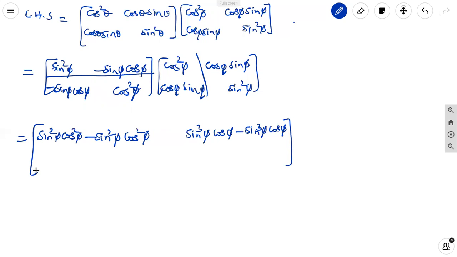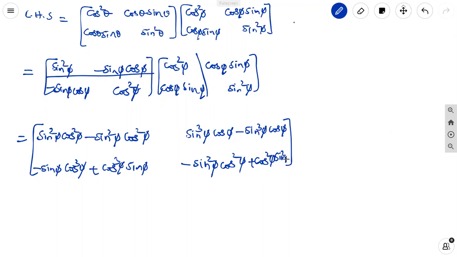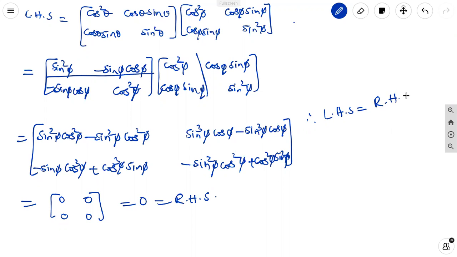Second row, first column: minus sin phi cos cube phi plus cos cube phi sin phi. Again, it is minus sin square phi cos square phi plus cos square phi sin square phi. The same terms with negative sign. So it is equal to 0, 0, 0, 0. It is equal to 0. It is the RHS. Therefore, LHS is equal to RHS.